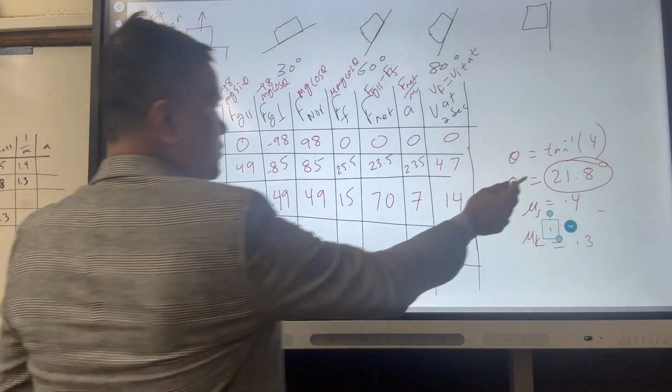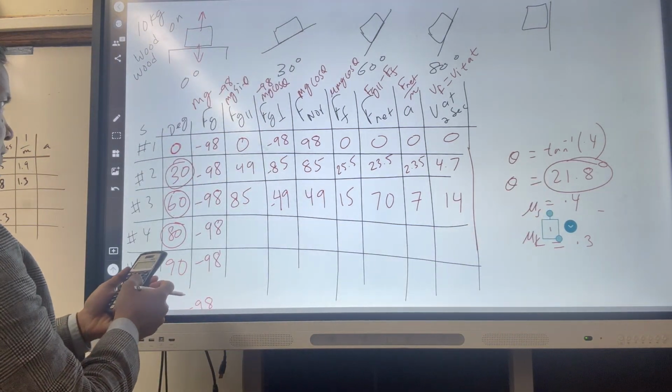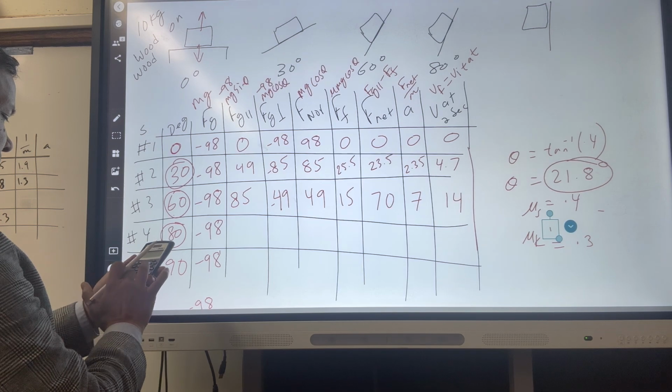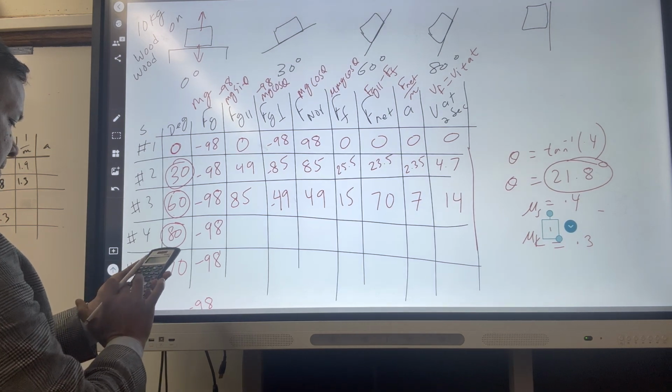80 is bigger than 21.8. So then we have to do 98 sine 80.